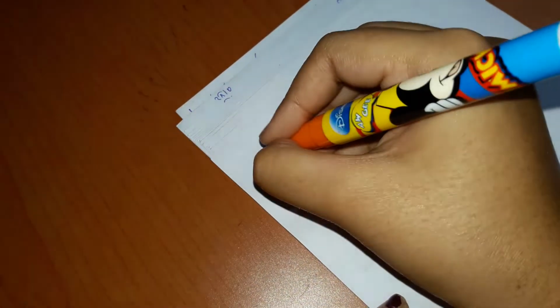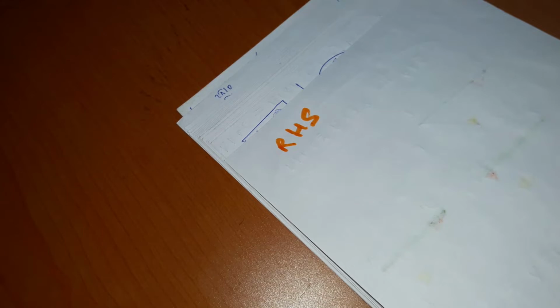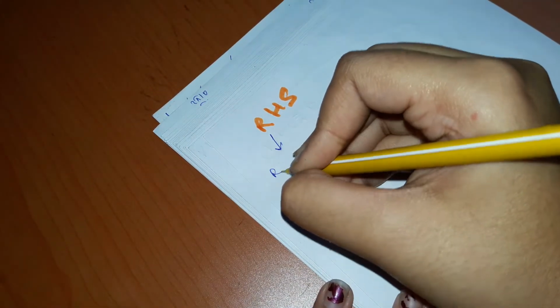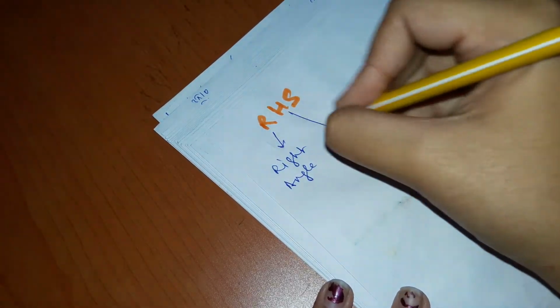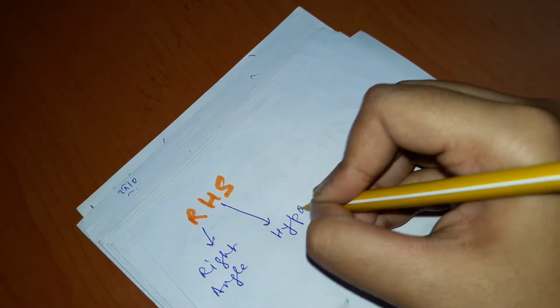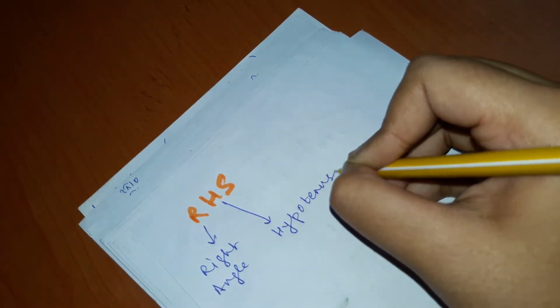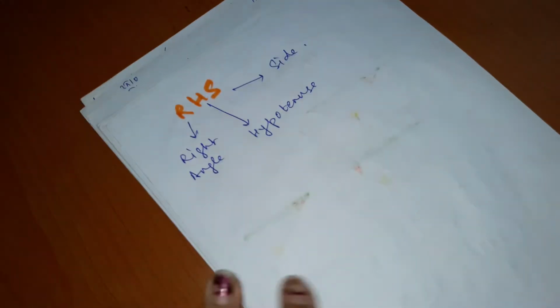So next we come to RHS. Now what does this stand for? R stands for right, right meaning right angle. H stands for hypotenuse. And S stands for side, any side.